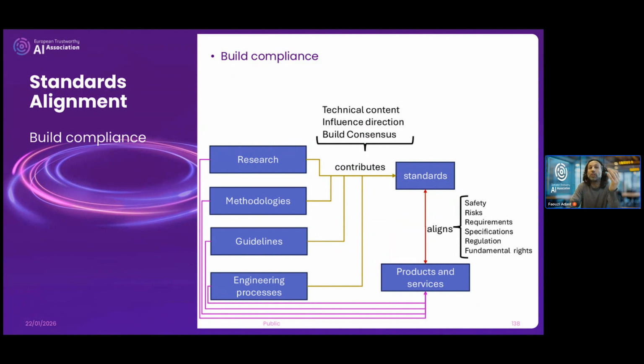And when we have standards, if I want to sell or put on the market a product which handles AI, or any service, I have to be aligned with the safety, the risk requirement specification, and fundamental rights.